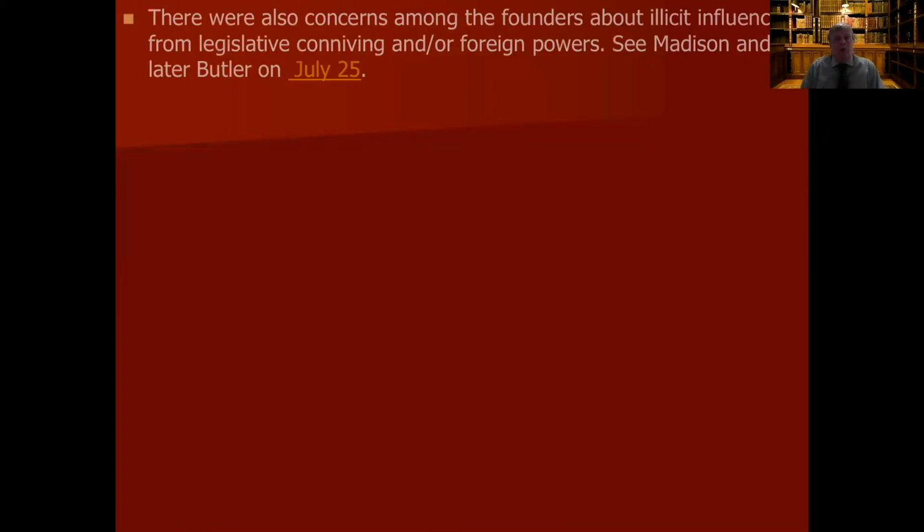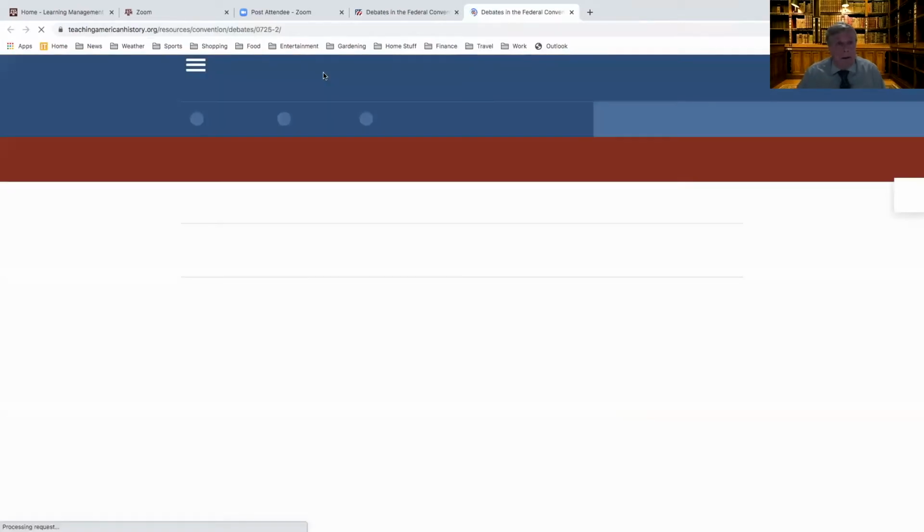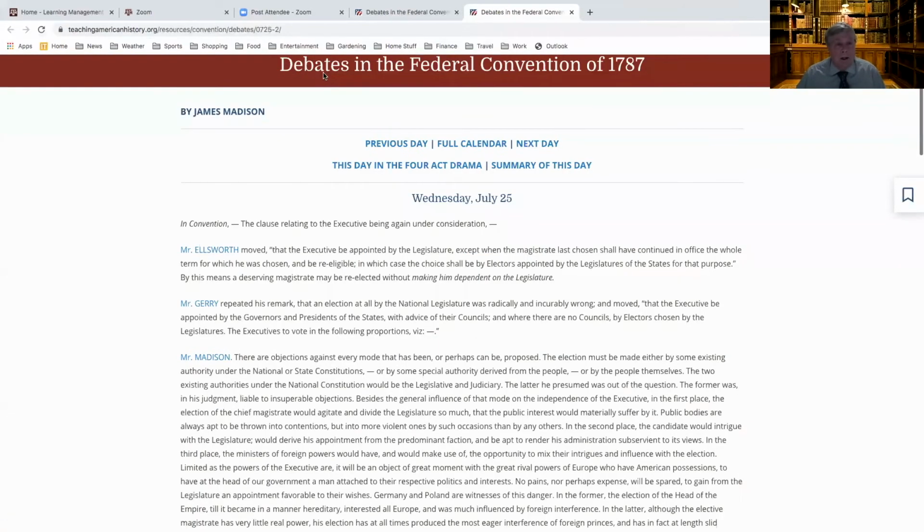There were also concerns among the founders about illicit influence from legislative conniving and or foreign powers. And if we look at the documents here, let's look at Madison and Gerry.